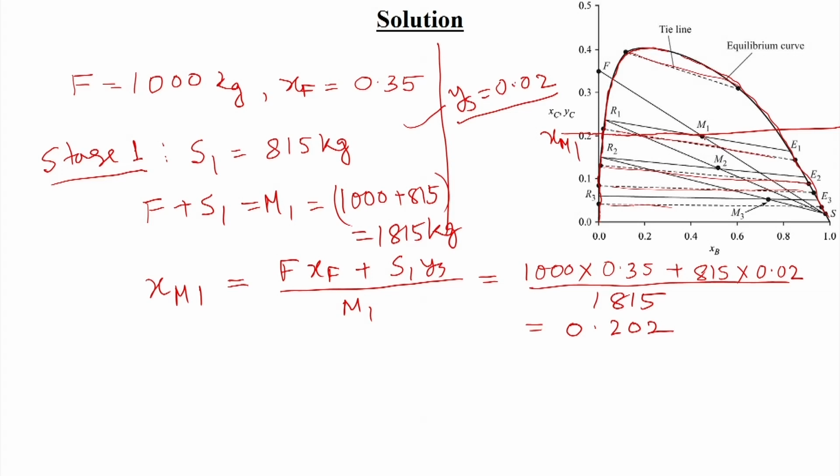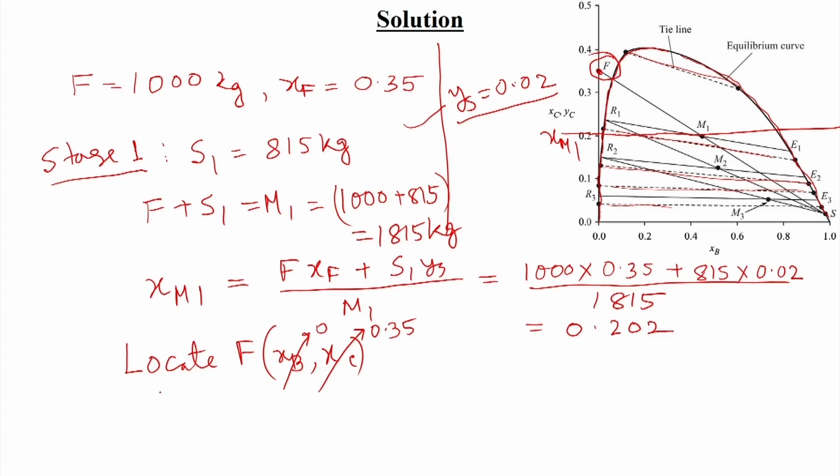Now we first need to locate F. We know that F does not contain any extracting solvent, so xb will be equal to 0 and xc is equal to 0.35. That is why it is 0.35, so we can locate the feed point. Okay.